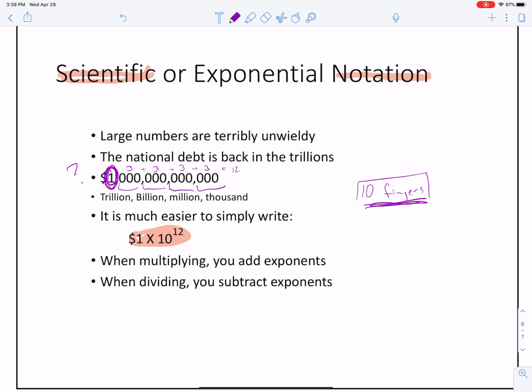So we go to that 1 at the very end and we write that 1, and then we do times 10 to the whatever, and the whatever right here is the number of places that you have between the decimal point right here and that special number, in this case 12.